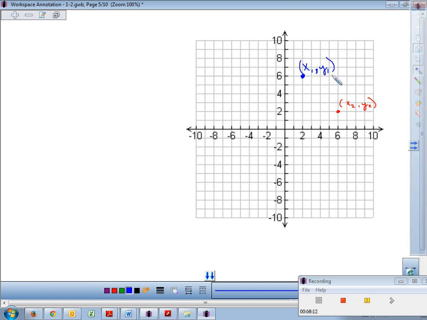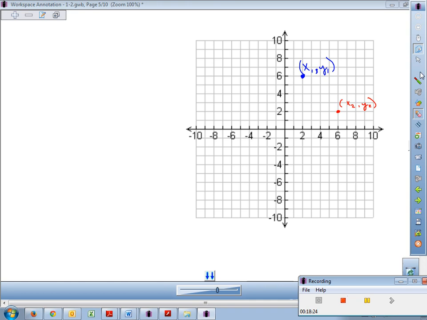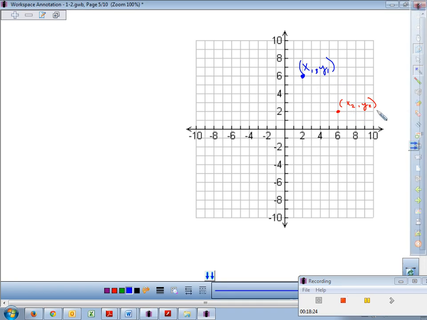Are you cool with that? Here's another point. X sub 2, y sub 2. If you connected those together, what kind of segment would you get? Horizontal, vertical, or oblique? It would be oblique. You can't just count from here to here and say, well, that's 8 units long, right?